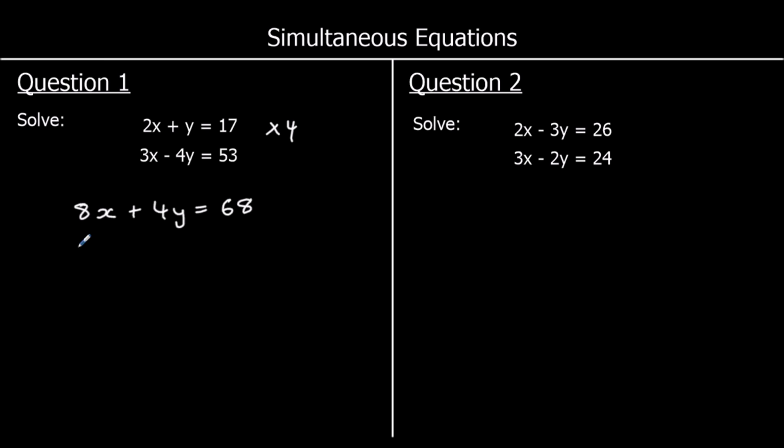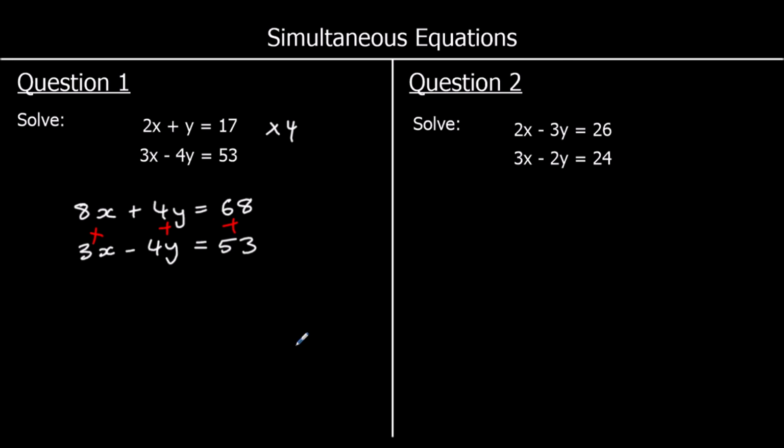And I've still got my bottom equation that says 3x minus 4y is 53. So to get rid of the y's, I need to add the two equations together because I've got different signs here. 4y plus negative 4y is nothing.